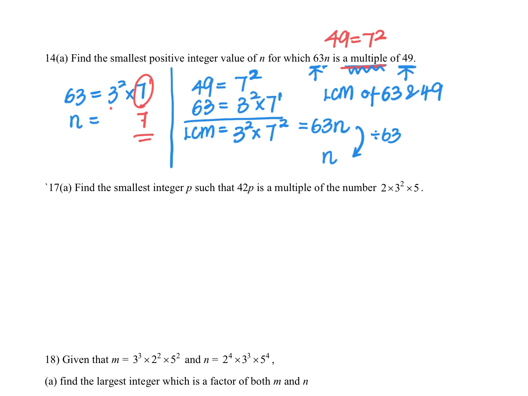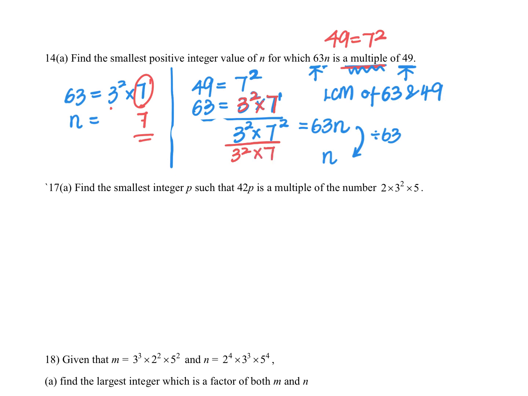You can either use the calculator or you can divide by the factors directly. So I'm going to change a little bit of my working here and find n directly. I'm going to divide by 63. What are the factors of 63? 63 is 3 squared times 7.